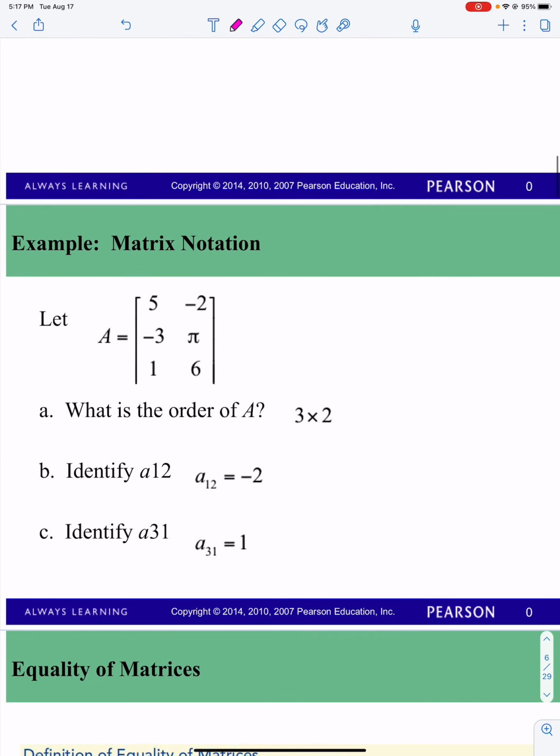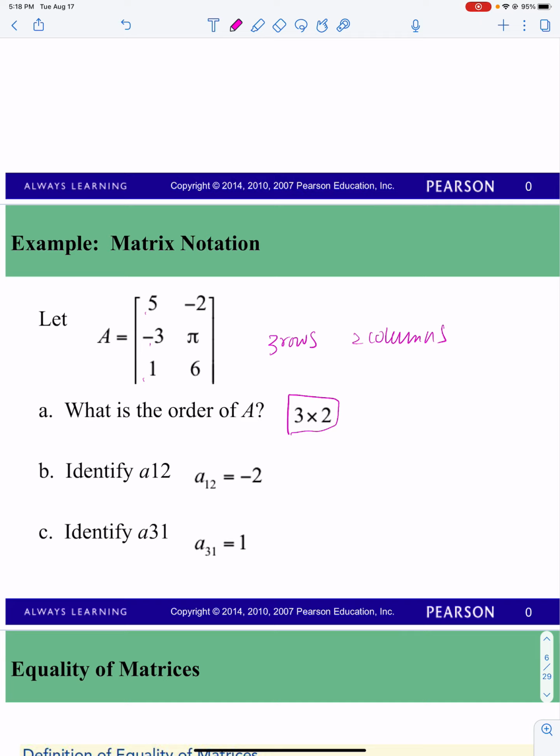Okay, example of matrix notation. A equals the matrix with entries 5, -2, -3, pi, 1, 6. What is the order of A? Rows by columns. How many rows? 3 rows. How many columns? 2 columns. So the order is 3 by 2.